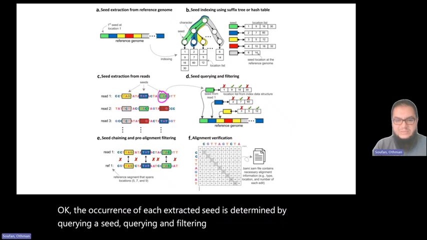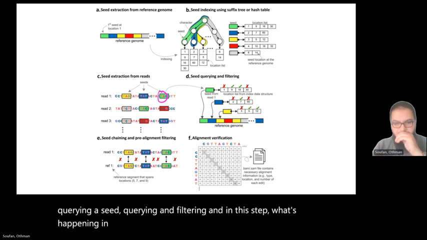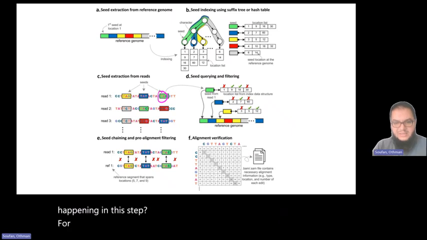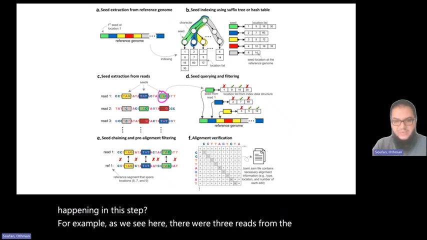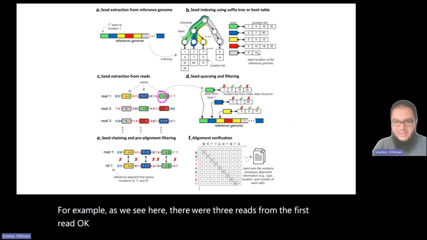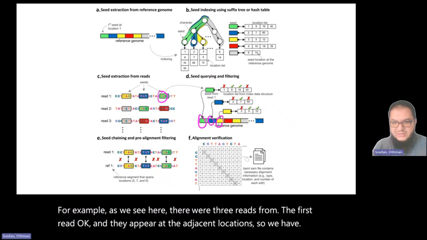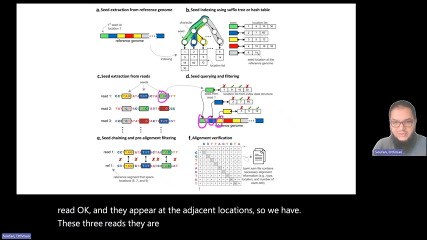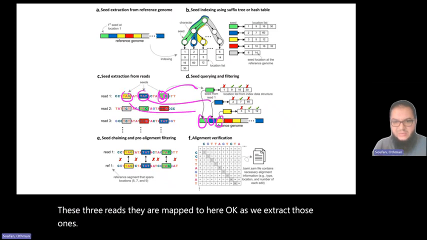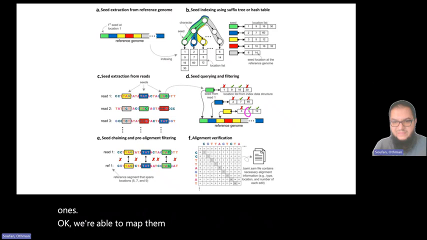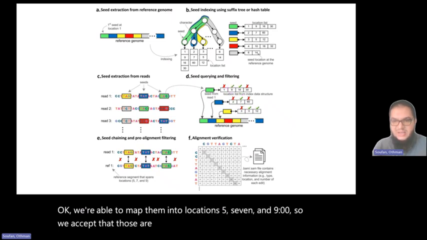In this step, as we see here, there were 3 seeds from the first read, and they appear at adjacent locations. So we have these 3 seeds mapped here as we extract them. We're able to map them to locations 5, 7, and 9. So we accept that those are adjacent from the location list.